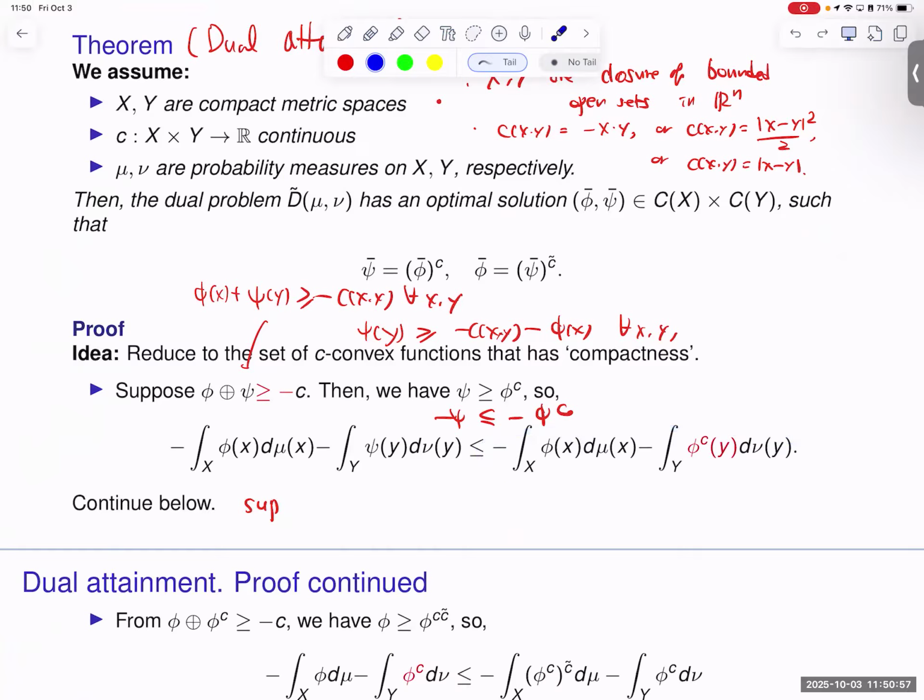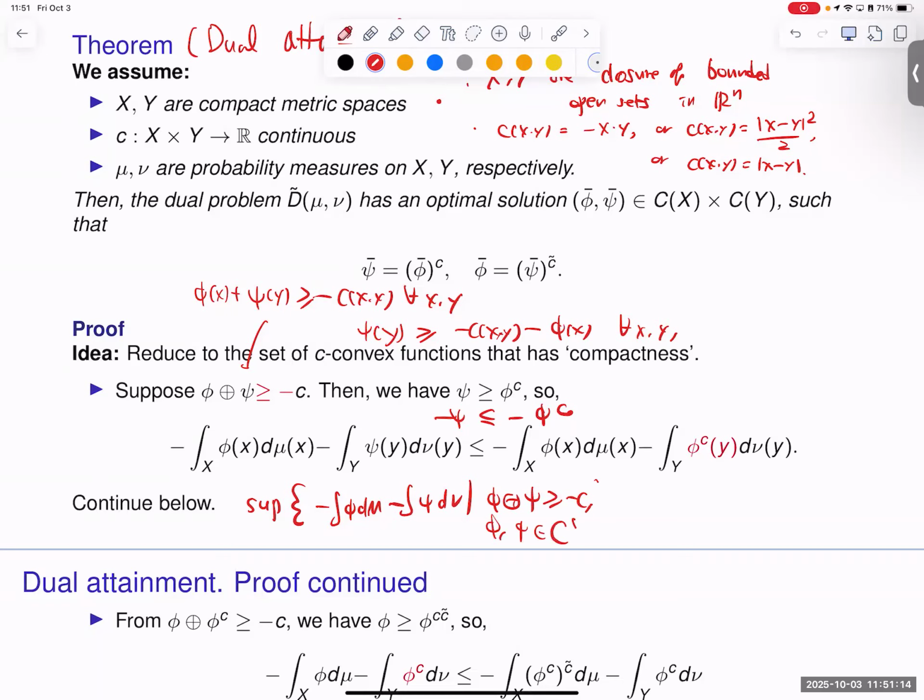To be more transparent, what I'm saying is that the integral of minus phi d mu minus psi d nu, satisfying this constraint for continuous phi and psi, is less than or equal to the supremum of the same thing with phi and phi C transform.